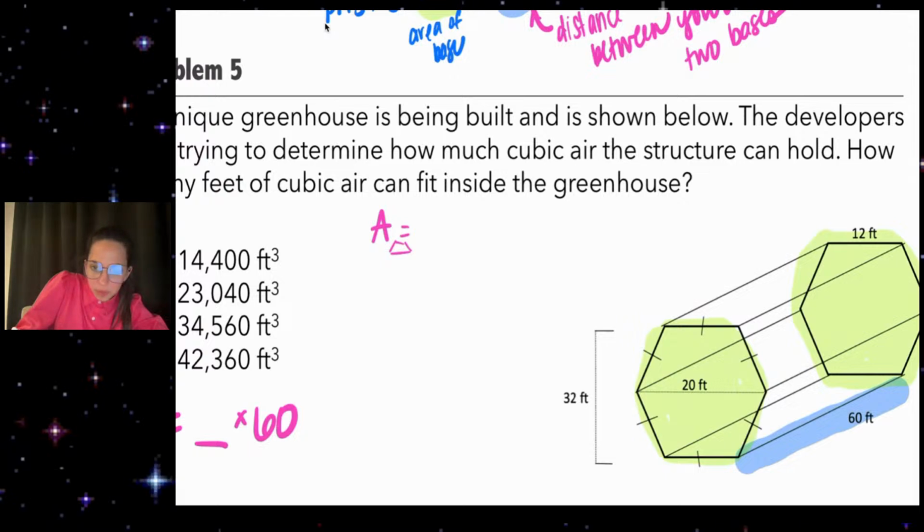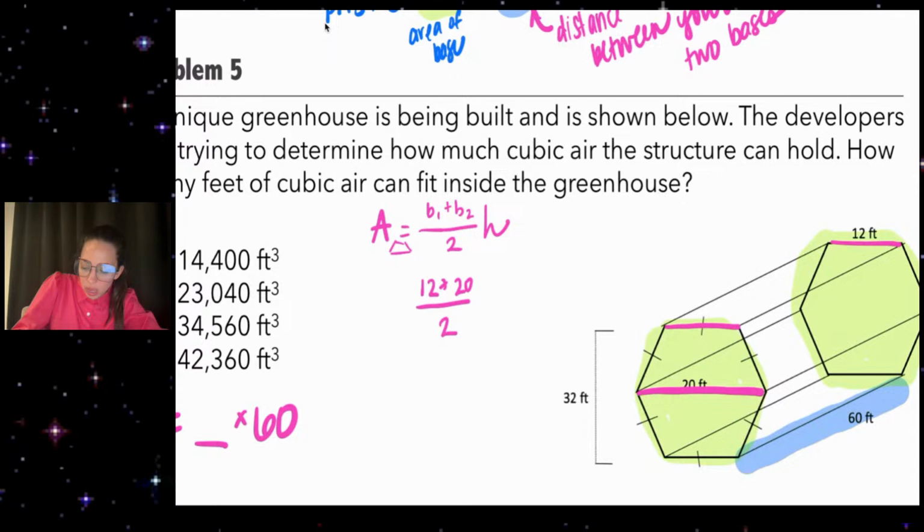So the area of a trapezoid equals base 1 plus base 2 divided by 2, times the height of the trapezoid. Base 1 is going to be 12. Base 2 is going to be 20.